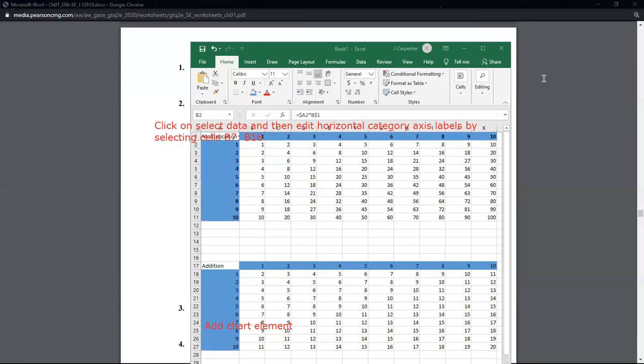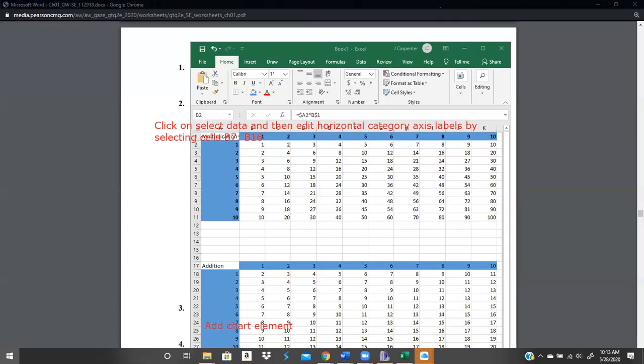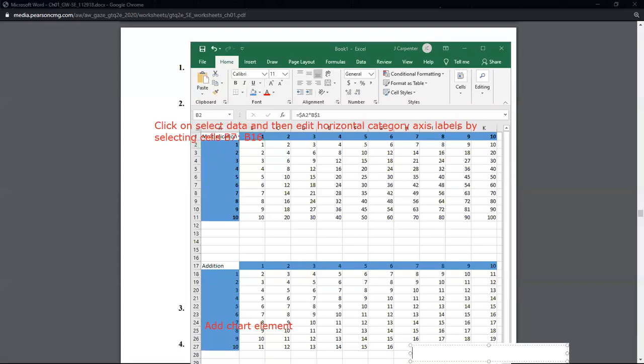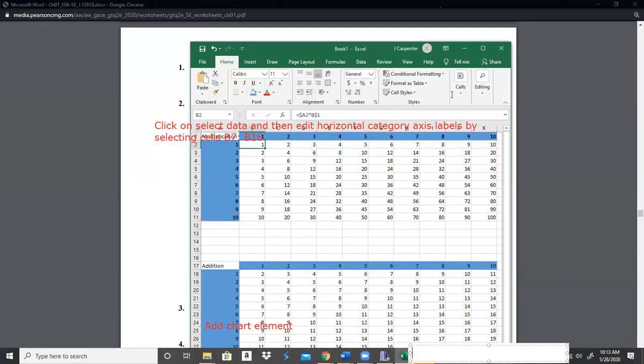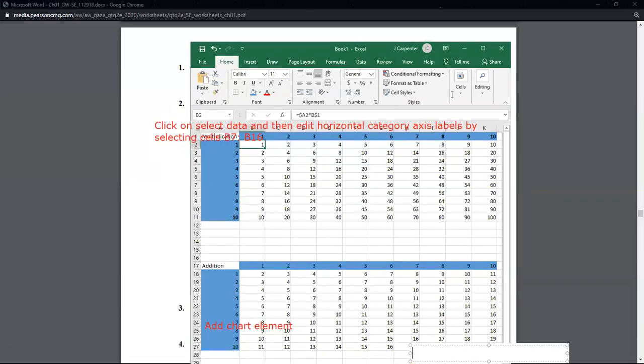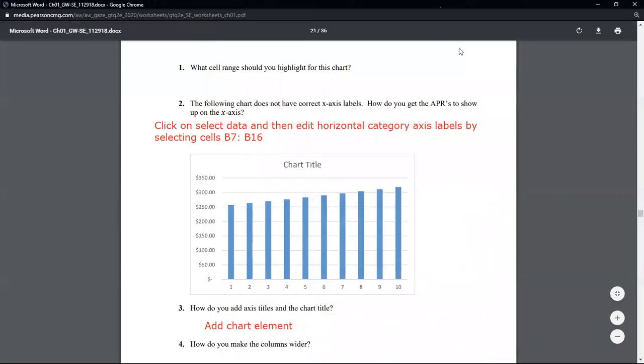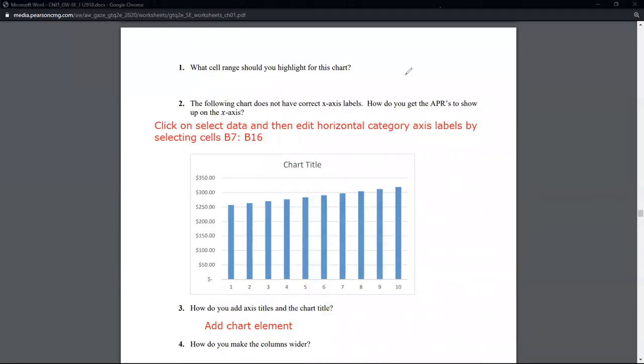Alternatively, you can right click on a column and choose Format Data Series and set gap width to something else.